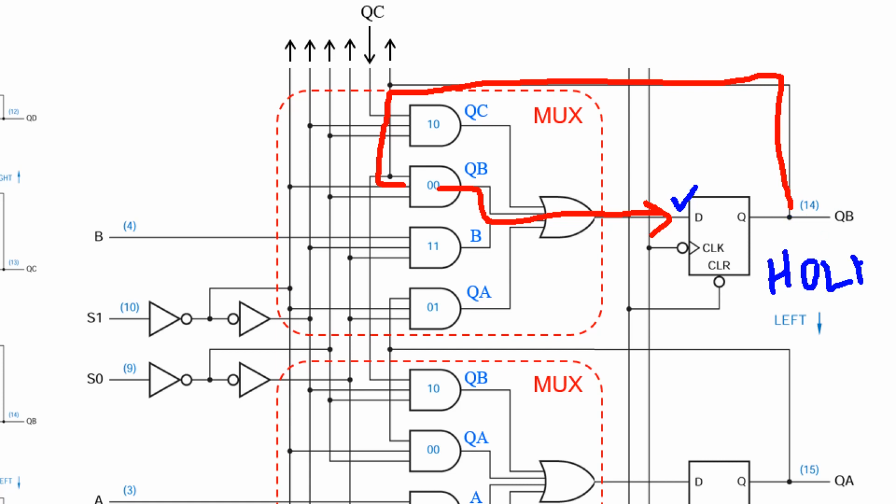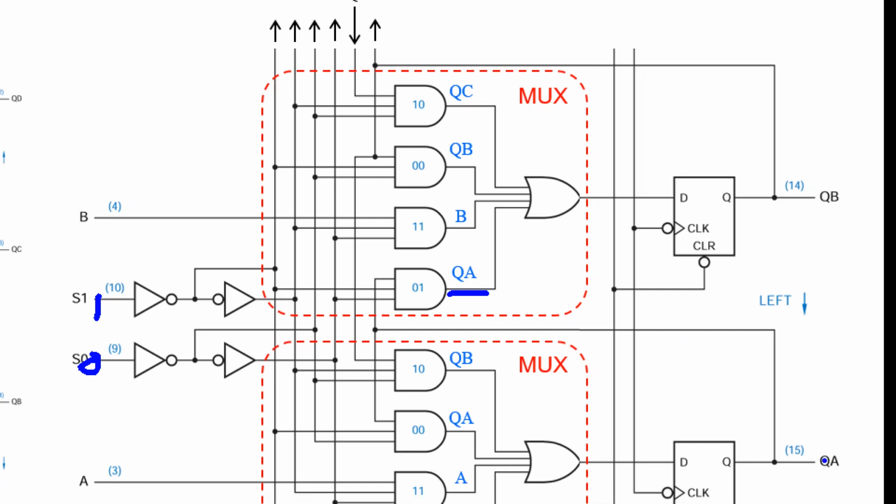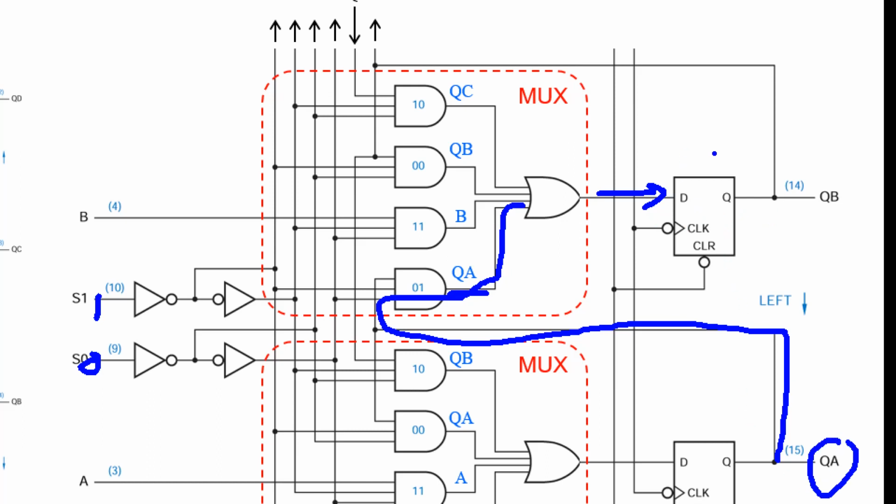But if S1, S0 is, for example, 0, 1, the data from QA will go to the input of QB. That means when the clock ticks, the value from QA will update to QB.